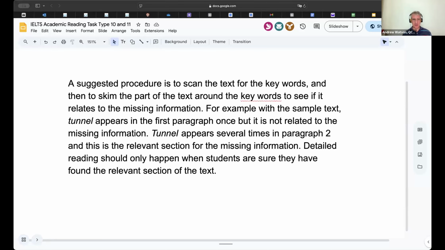Now, you might be surprised that this is the suggested procedure, says Cambridge. Scan the text for the key words and then skim the part around the keywords to see if it relates to the missing information. For example, with the sample text, tunnel appears in the first paragraph once, but is not related to the missing information.